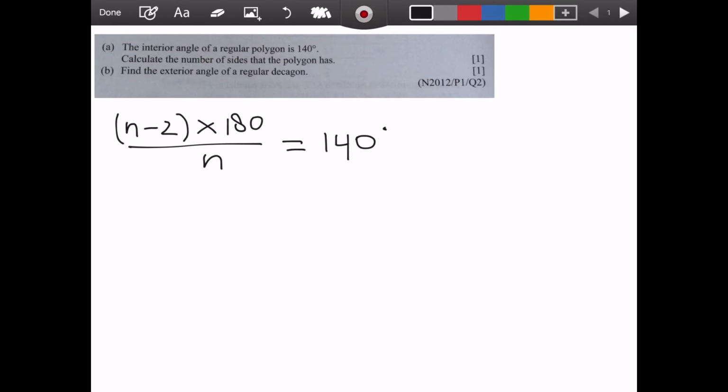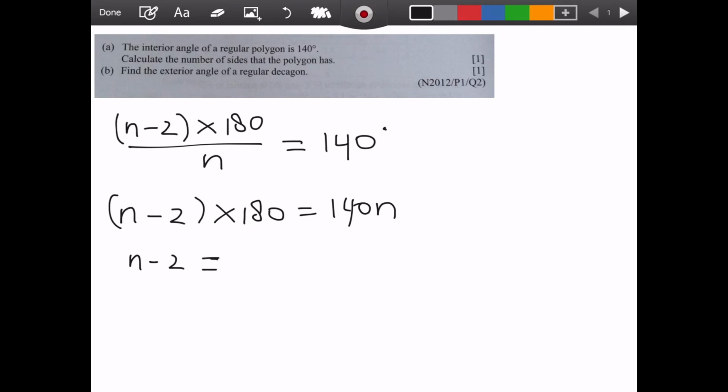So you just bring over the n, times 180. This is algebra, right? Then for n minus 2, you divide both sides by 180 degrees. So 140 divided by 180 times n, and if you simplify, it is equal to 7 over 9 n.